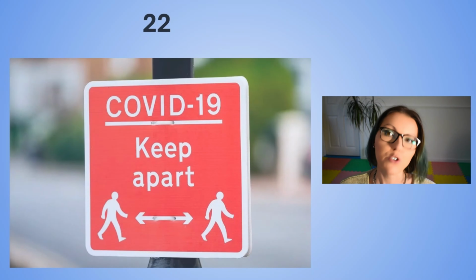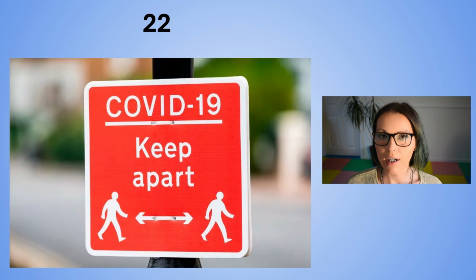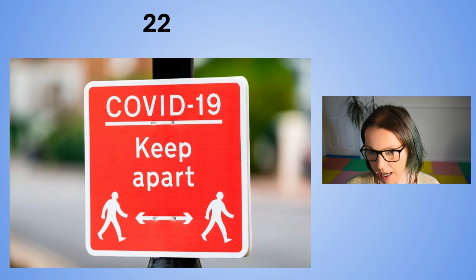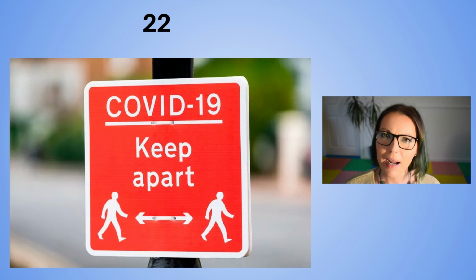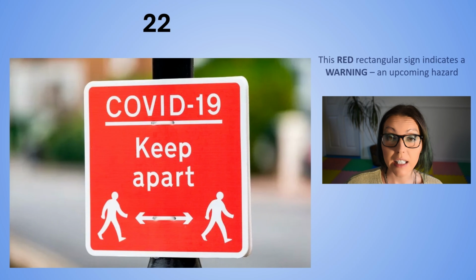Sign number 22. I know that we don't have the lockdowns anymore, but this is a sign which I found, and myself personally, I've never come across this kind of sign, but I'm sure that they were in many places in the UK during lockdown. So this rectangular red sign indicates a warning or an upcoming hazard.